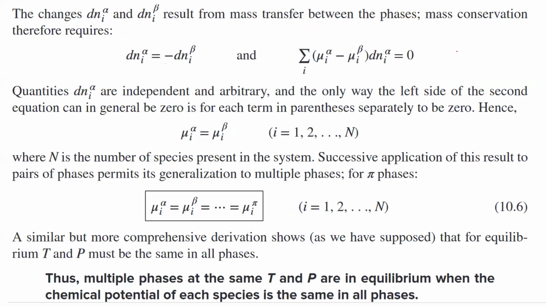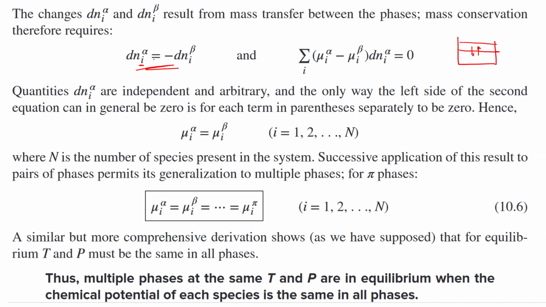And we know one more thing, that because both phases exchange materials, whatever number of moles are lost by this phase is equal to whatever number of moles are gained by this phase. This applies to each species also, different components also.